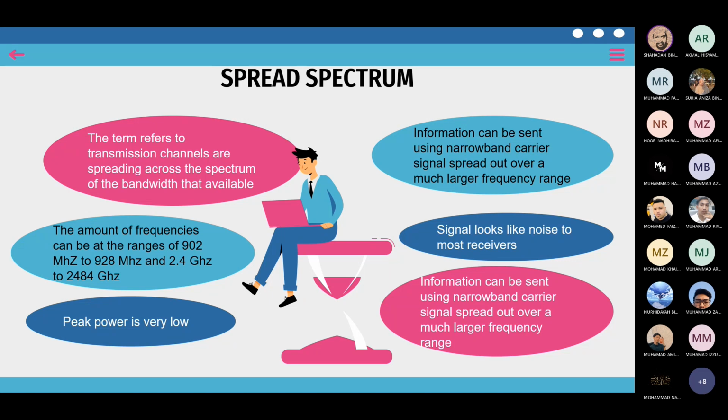They each consist of two parts. The signal looks like noise to most receivers, but actually it is a communication spectrum. The peak power used is very low.